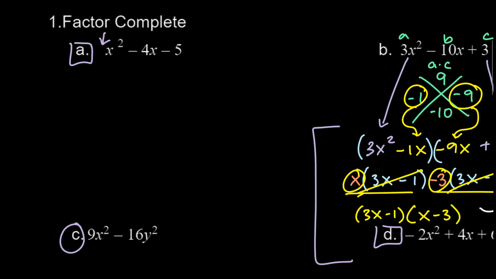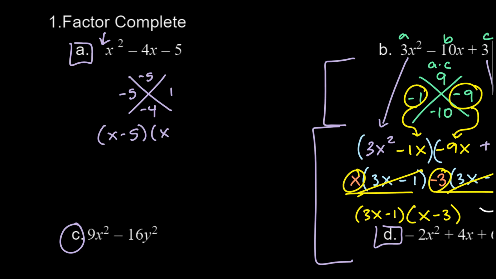There is no A value right there. So all we have to do is the first part. All we have to do is create our X, put A times C in the top and B in the bottom, and we get negative, what do we get? Beautiful. So our factors are X minus 5 and X plus 1.